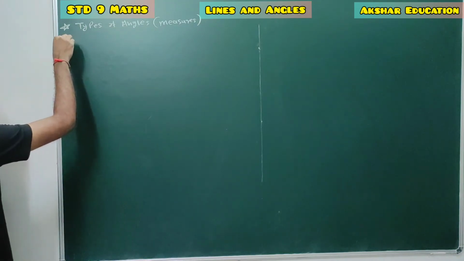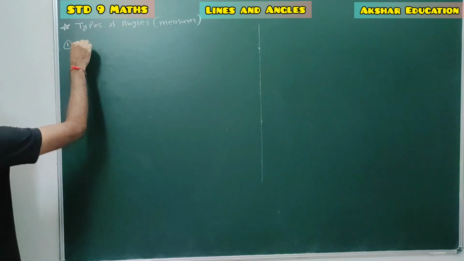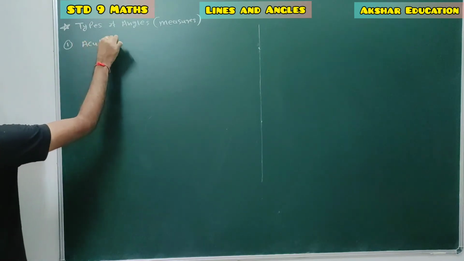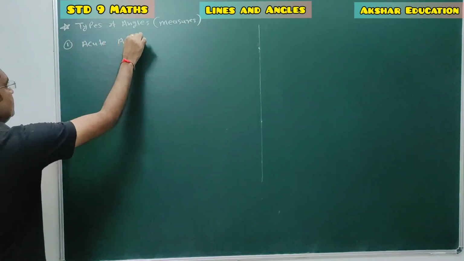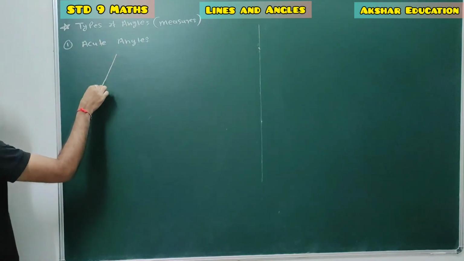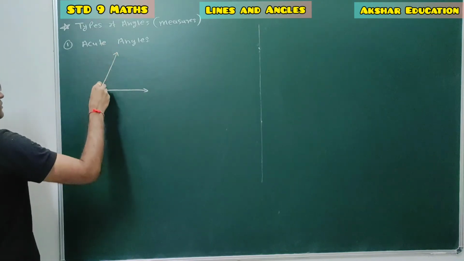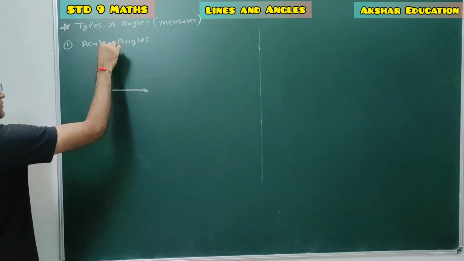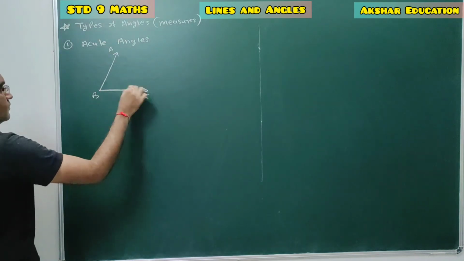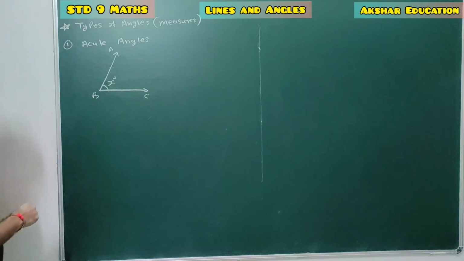So first type of angle based on measure is acute angle. So what is acute angle? For example, this is one angle, angle ABC, and here measure of angle is x degree.